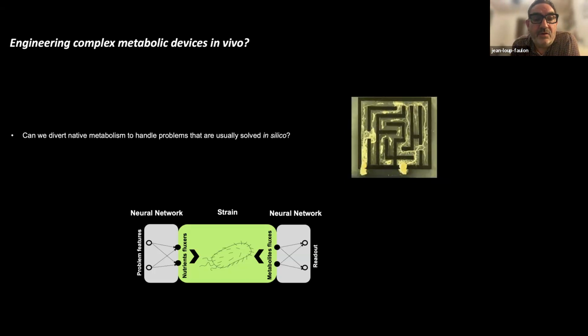We first transform these problem features into nutrients that we give to the strain. Using different nutrients, we create different phenotypes. Then we read these phenotypes, for instance, metabolic production fluxes, and transform them again through an artificial neural network into the readout of our problem.